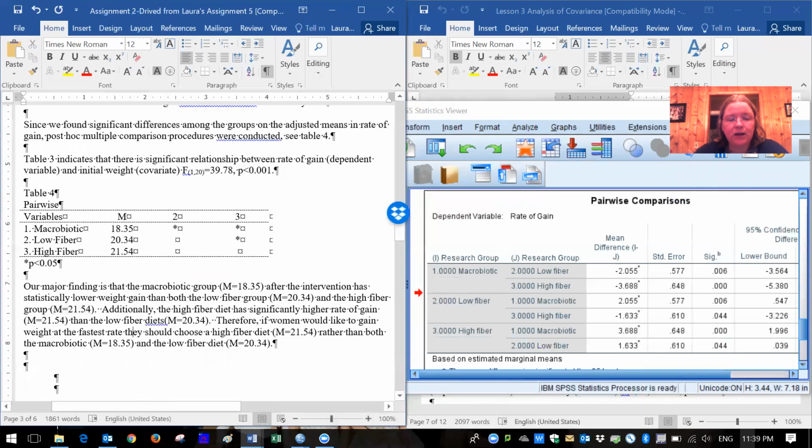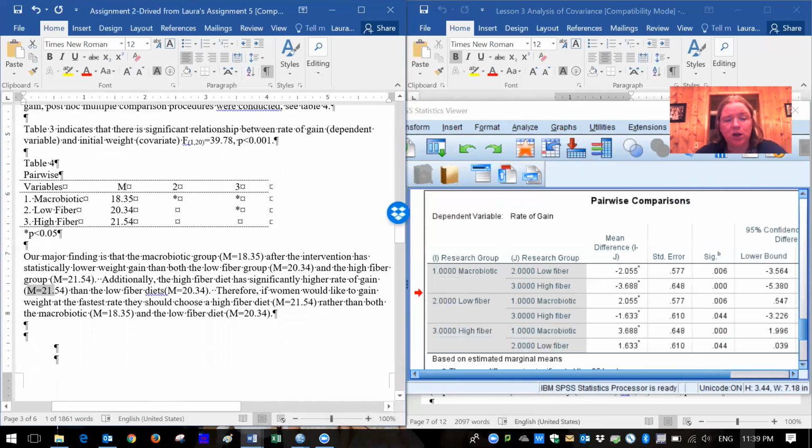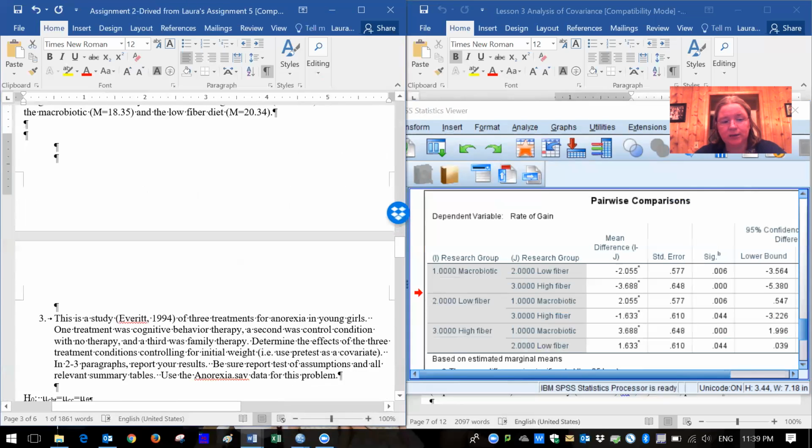And then additionally, the high fiber diet has significantly higher rate of gain than the low fiber, and I put in the means. Therefore, if women would like to gain weight at the fastest rate, they should choose the high fiber diet rather than both the microbiotic and the low fiber. So that was my conclusion for this study.